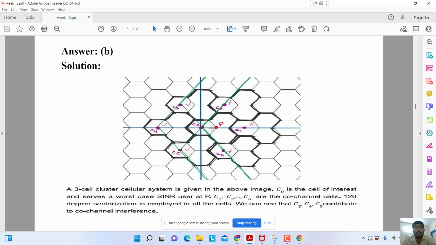Only C1 is transmitting the required power, and all the 6 cells are interfering with us. This is the initial scenario.